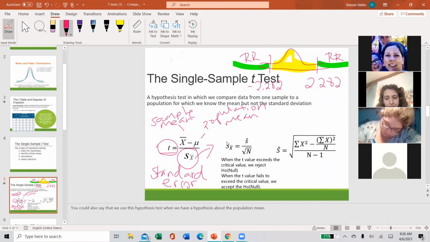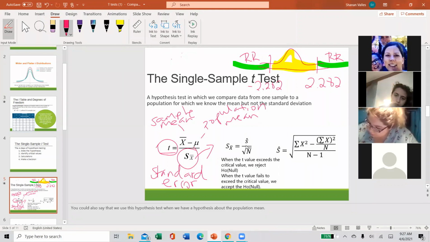To find standard error, you're going to take our estimated standard deviation and divide it by the square root of our n. n will also be there, we'll know n.